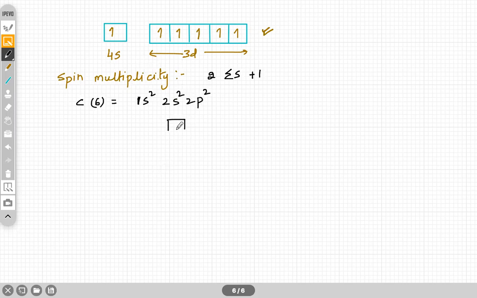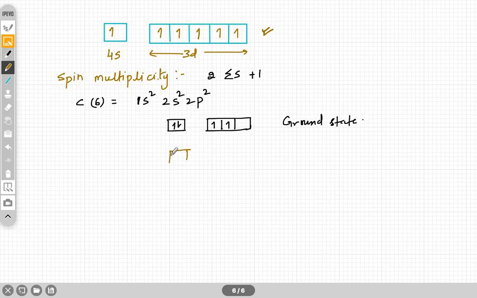If you draw the box diagram of carbon, that would be this: 1s has 2 electrons, 2s has 2 electrons, and 2p has 2 electrons. Right? This is the thing we have. This is in ground state. In excited state, what happens? 1 electron jumps over here to make a bond.